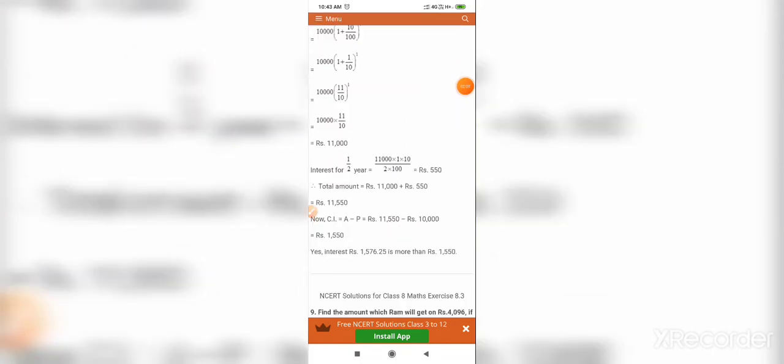So interest 1,576 rupees 25 paisa is more than rupees 1,550.